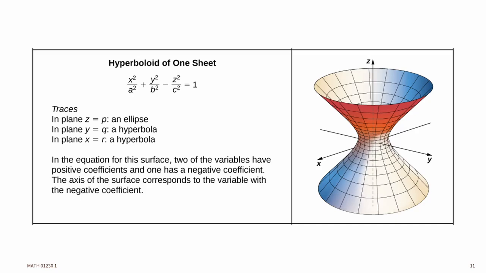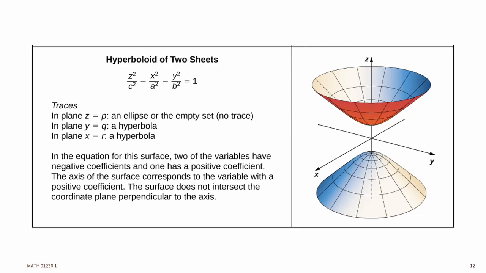Hyperboloid of 2 sheets: z squared over c squared minus x squared over a squared minus y squared over b squared equal to 1. In this case, the axis is the positive variable.